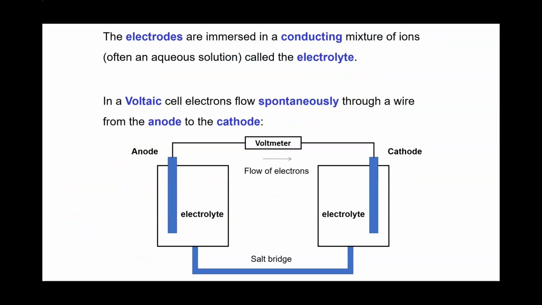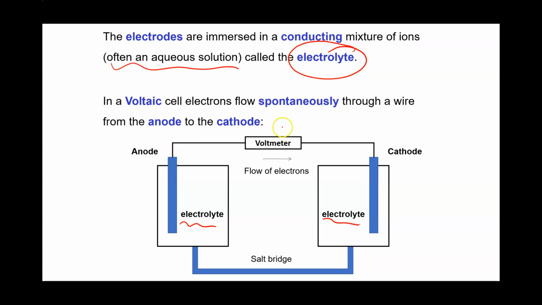Okay. So the electrodes need to be immersed into something that's conducting, a conducting mixture of ions. Most commonly this is an aqueous solution, and that's referred to as the electrolyte of the cell component. So each of our two electrodes is going to be immersed in an electrically conducting mixture of ions referred to as the electrolyte.